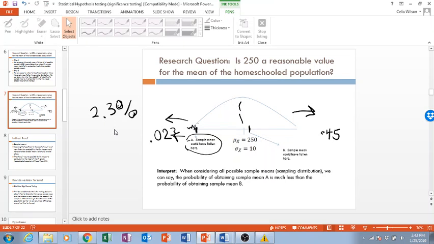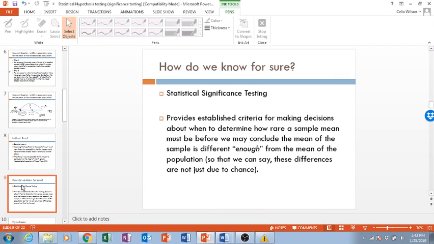It's 2.3%. So I'm going to conclude that this hypothesis is not true. Well, how small is small enough? How small does this probability have to be in order for me to conclude that this is not true? You see what I mean? So how do we know for sure?